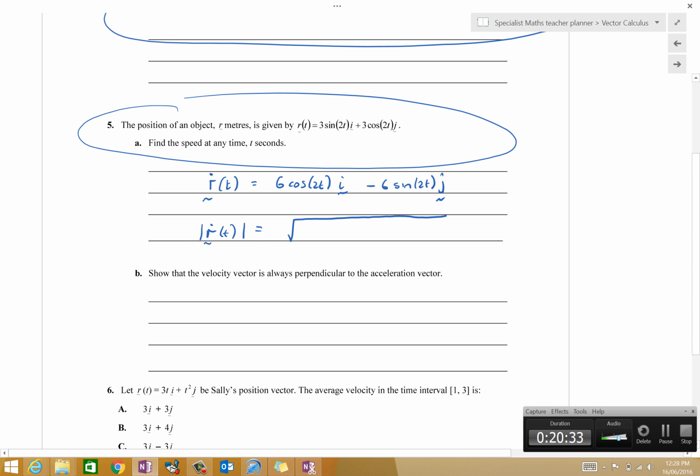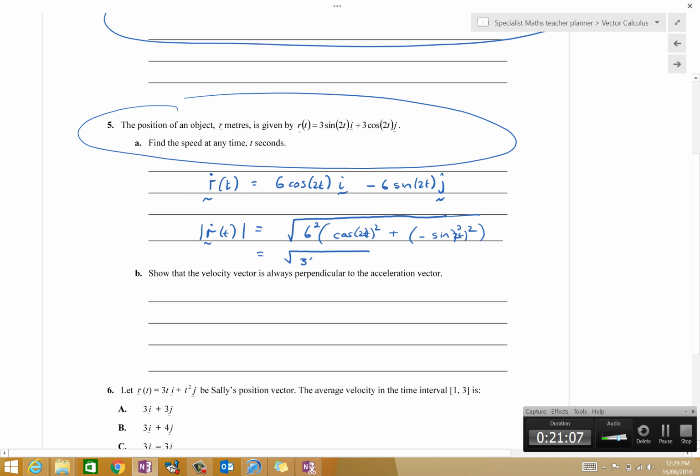So in other words, I'm going to take out 6 and square that, and then I'm going to take out cos 2t squared plus, if you like, minus sine of 2t squared. As it turns out, that's going to be a positive result.